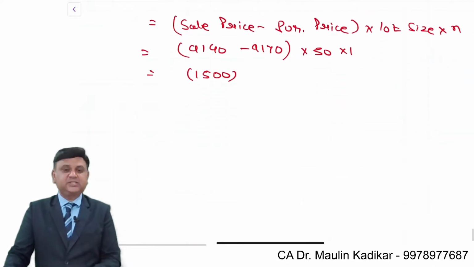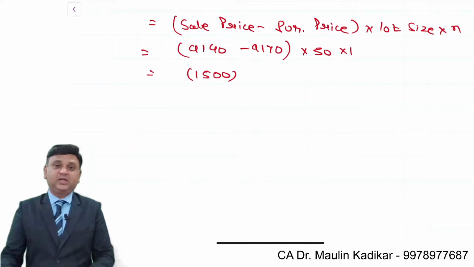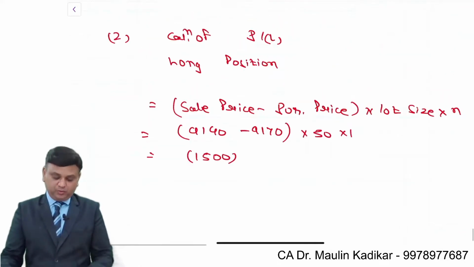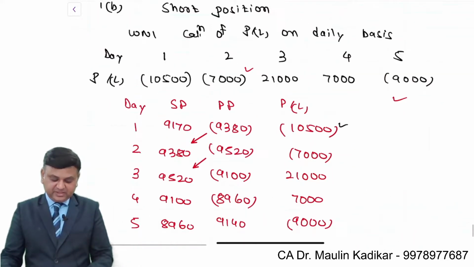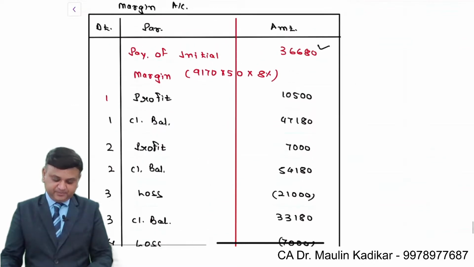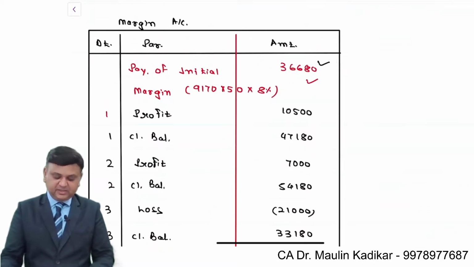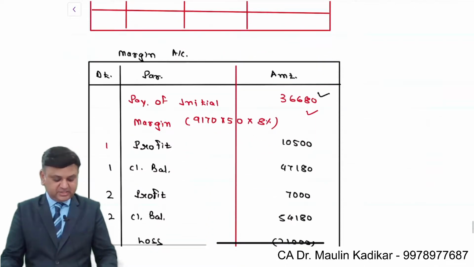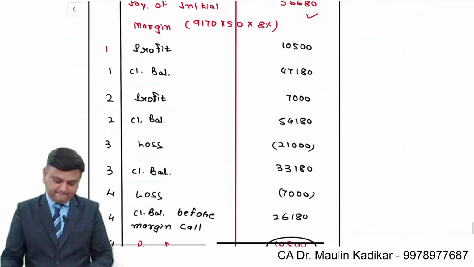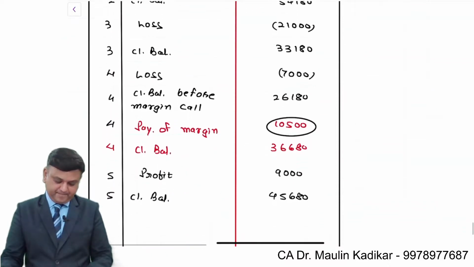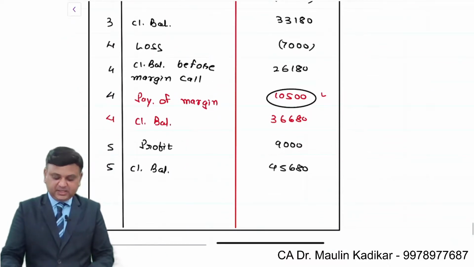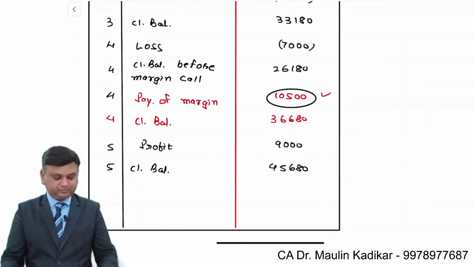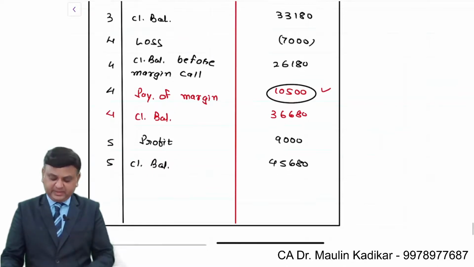Dear students, this answer you can always cross-verify with the working which I have explained to you. The payment of the initial margin is 36,680. Then it is 10,500. These are the two payments.